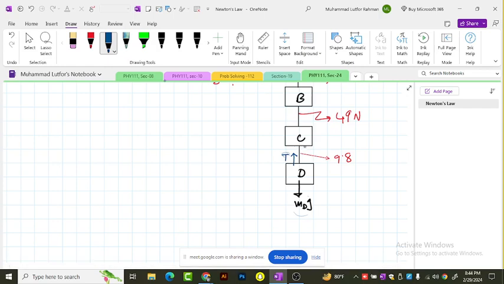It has 3 forces. One is the tension in the downward direction. Another tension is in the upward direction, which, let's say, is T1. I use a different symbol now because previously I used T. And another force, the weight of this block, mcg.